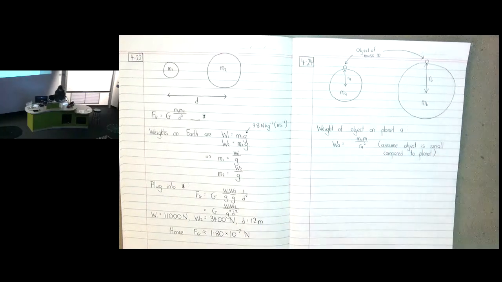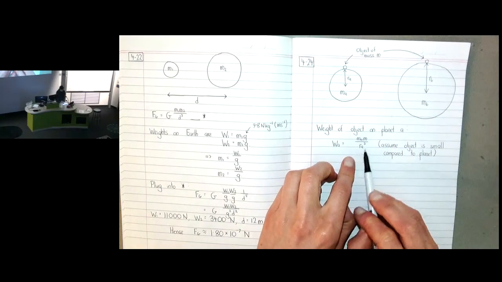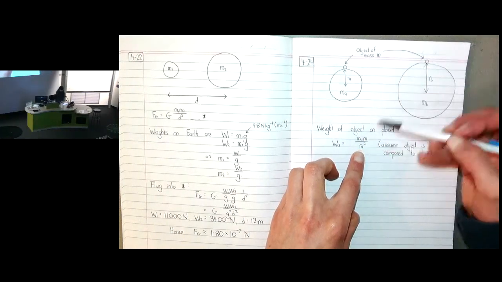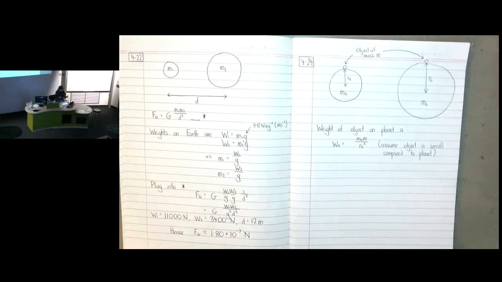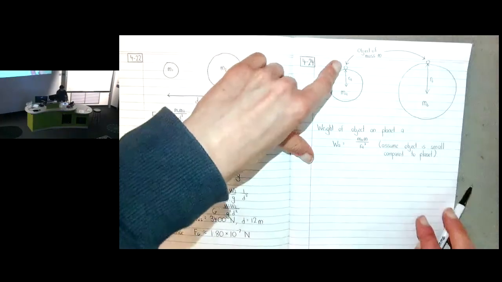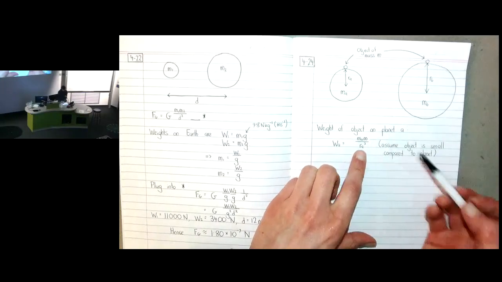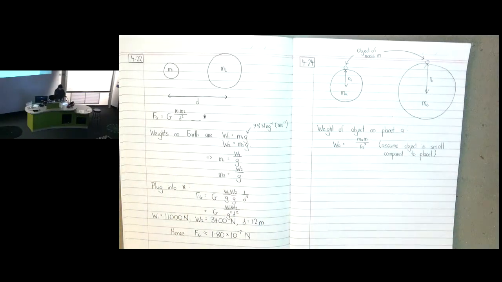If we couldn't make that assumption, then this distance squared wouldn't be quite right, because we would also have to include the radius of the object, assuming it was spherical. But if the object is small in relation to the planet, then the distance between those two objects is pretty much equal to the radius of the planet.